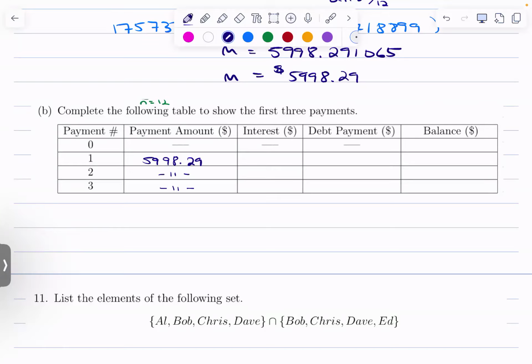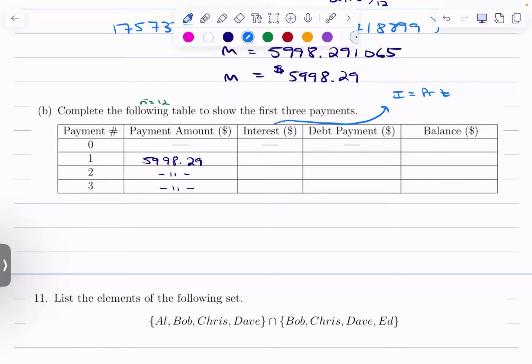How do you calculate the interest? The interest is just for that 1 month, right? And so the interest, I equals PRT, where P is going to be the previous balance, right?